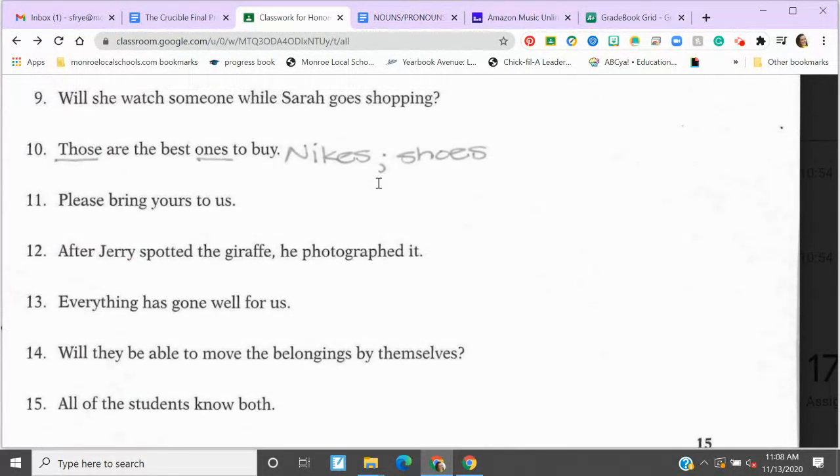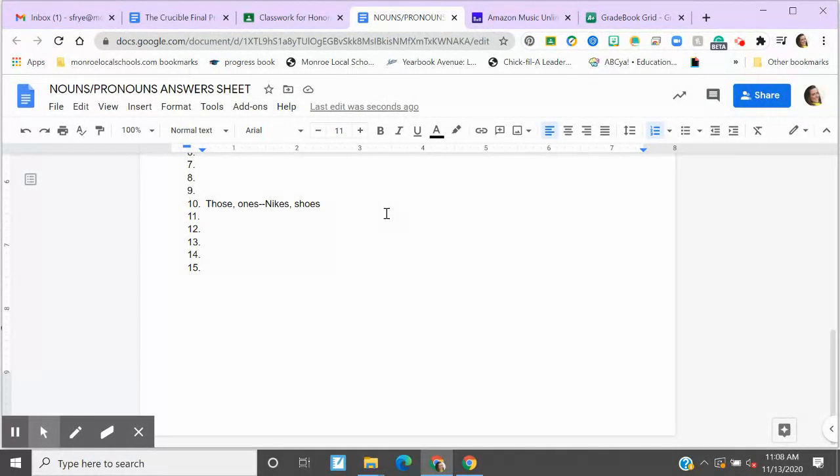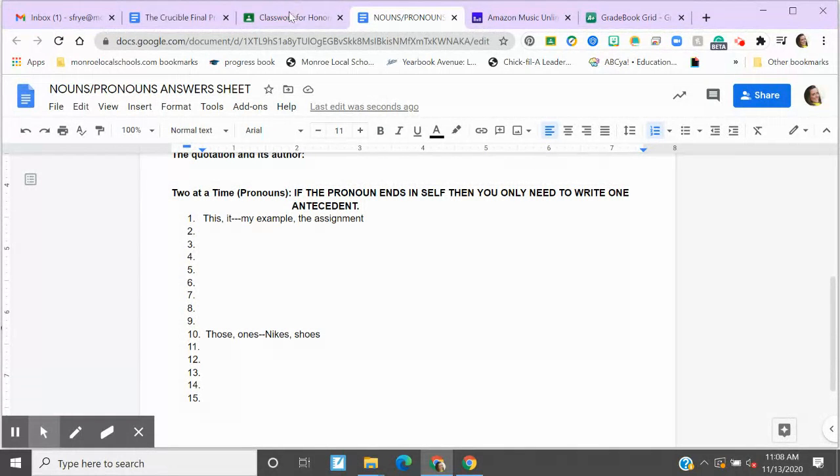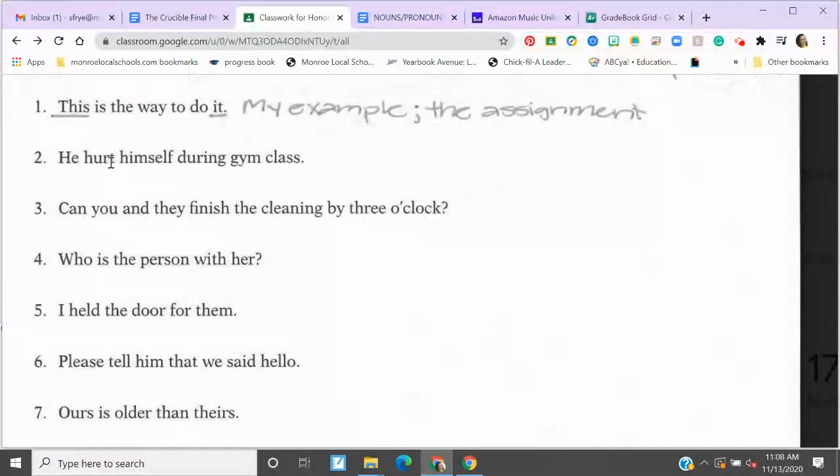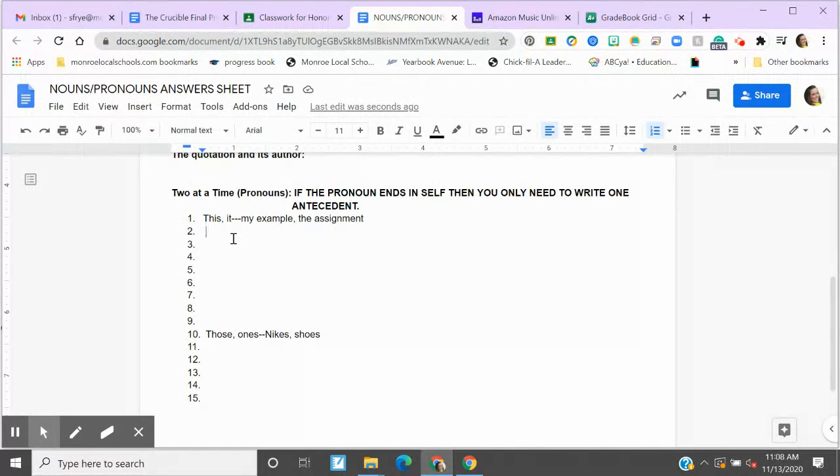So let's look at number 2. We'll just practice one together really quickly so you see what I'm talking about. It says, "He hurt himself during lunch." My two pronouns that replace nouns are he and himself. On my little paper here, I'm going to type he, comma, himself.